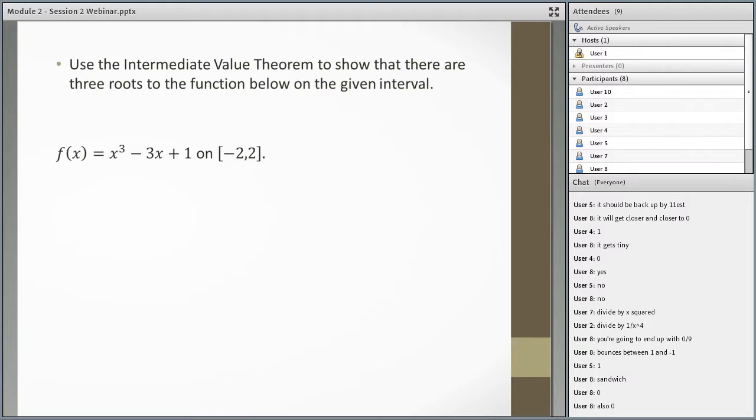So we could graph this. And what does it mean to say there are three roots? What is a root? Well, a root is just the x-intercept. It's where the graph crosses the x-axis. What's the y value on the x-axis? Do we know?